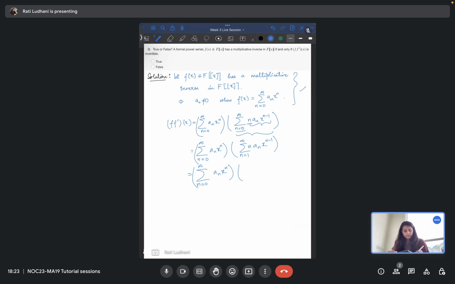So here you start with 0. Now n has been replaced by n plus 1, so you got this. Now in this situation, x raised to power n, I can write the expanded form.